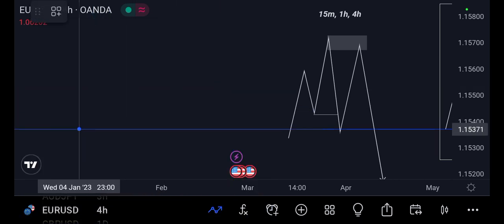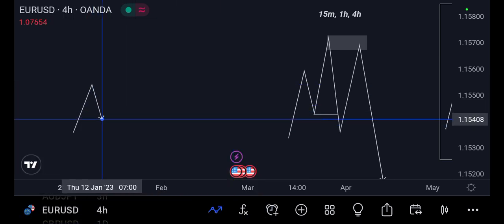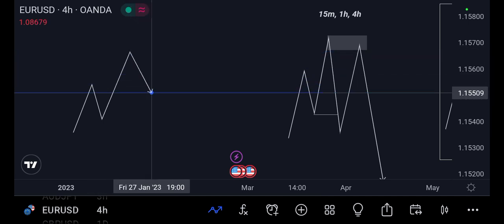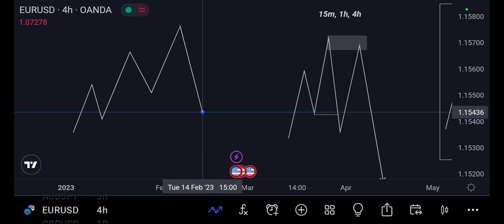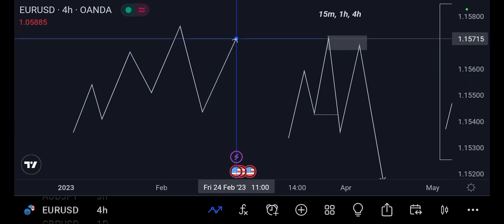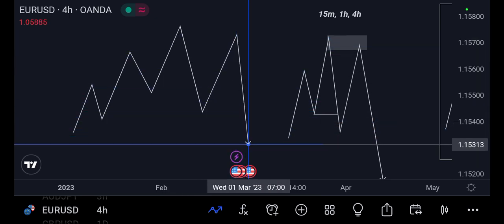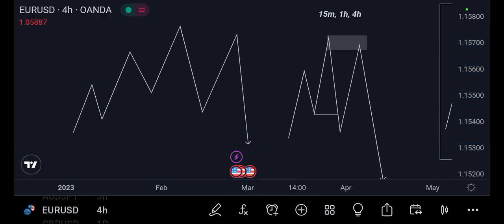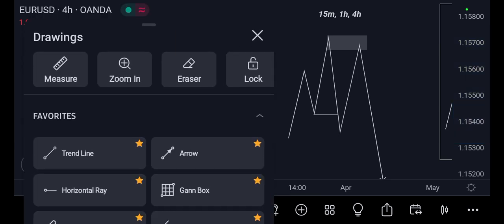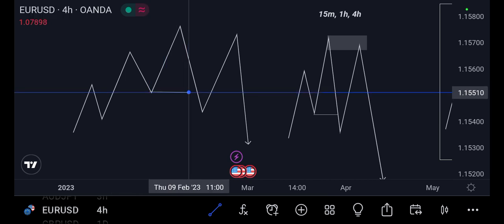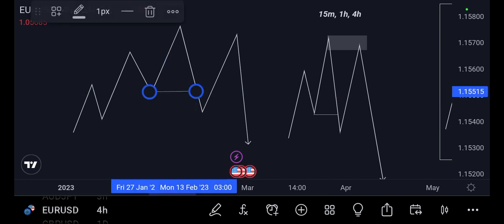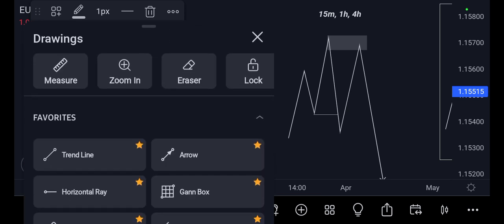I said we're in an uptrend. Price comes here, breaks structure, taps here and falls. This one right here is the change of character. It's a break of structure to the other side, signaling that price is no longer in an uptrend, it's already going in a downtrend.